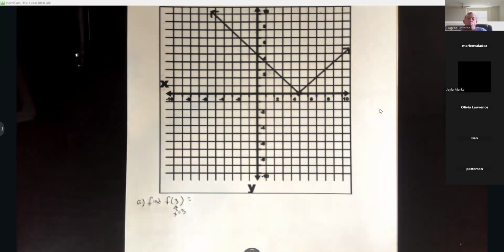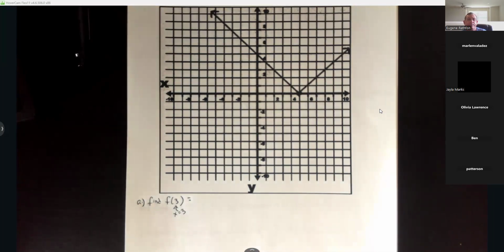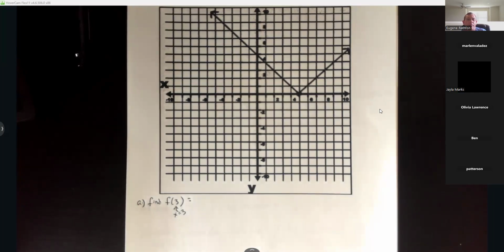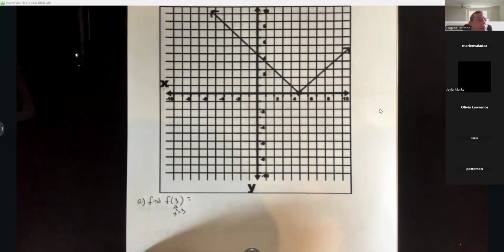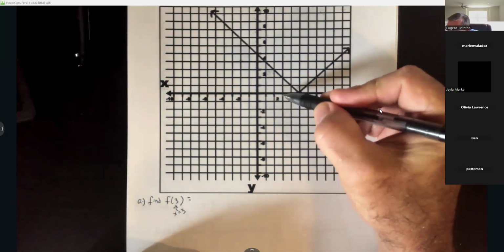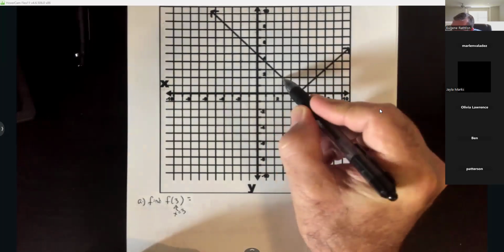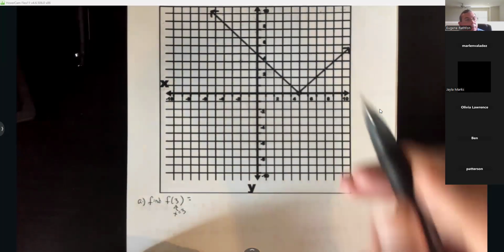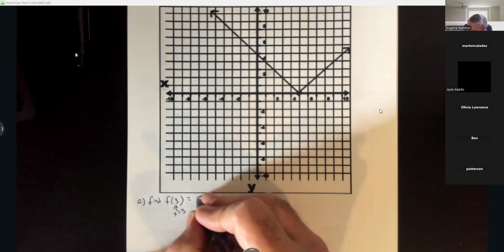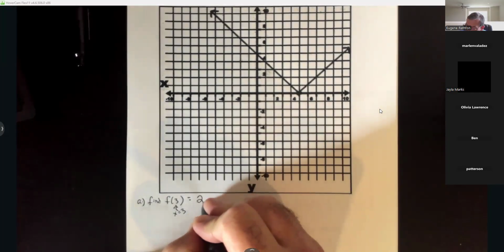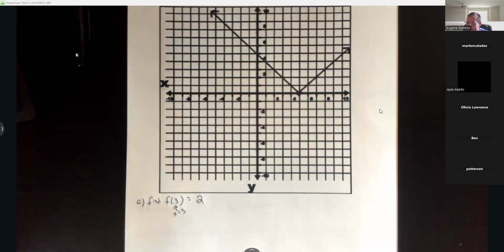So y'all, what would y'all put on that one? Hey, y'all, that's perfect because here's 3, right? We go straight up, and that intersects that y equals 2 line. So definitely f of 3 equals 2.